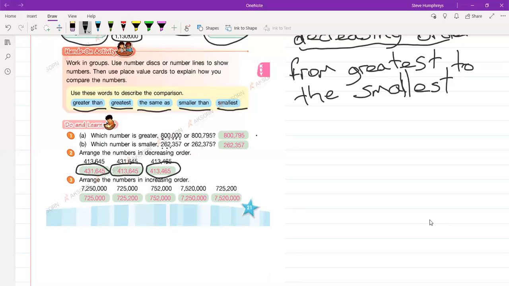And number 3, arrange the numbers in increasing order. Increasing means from the smallest here to the greatest here. This will be your greatest number, and this will be your smallest number. Okay, try those.